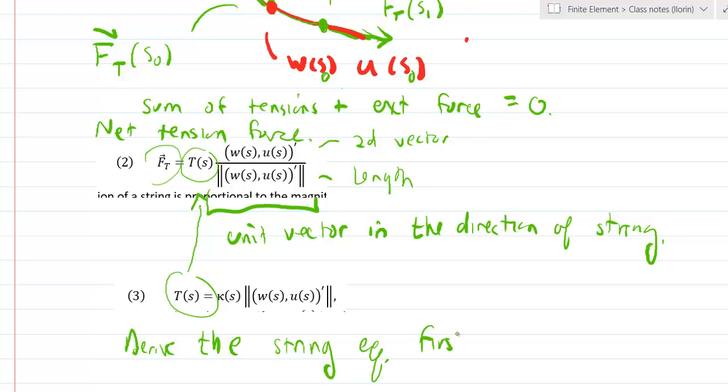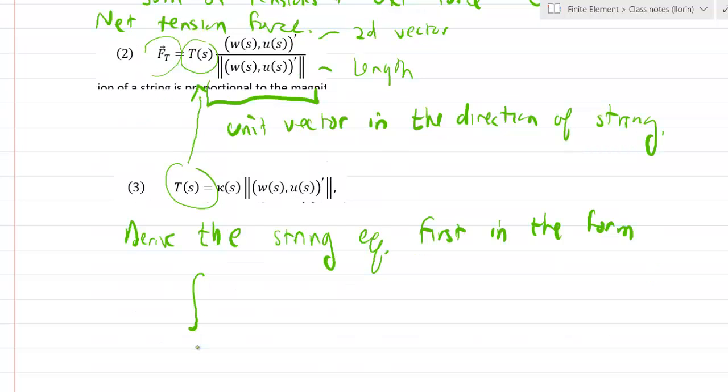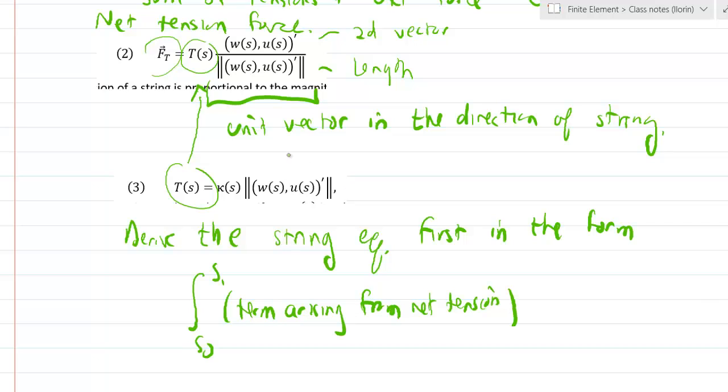first in the form the integral from S0 to S1 of a term arising from the net tension. The net tension is the tension on both sides of the small interval.